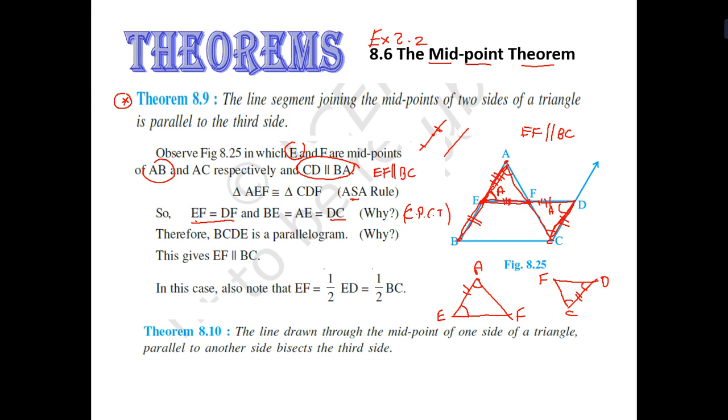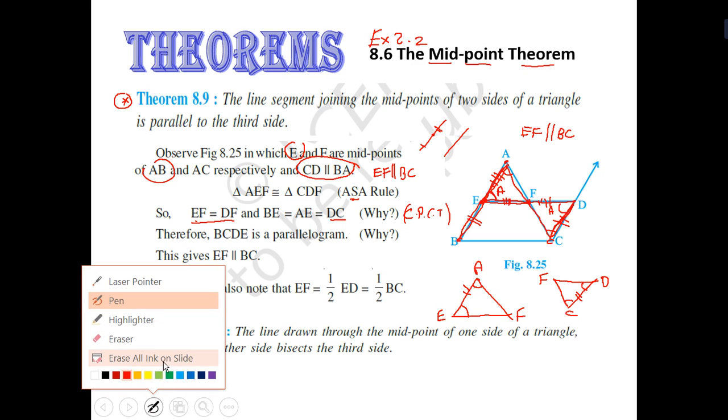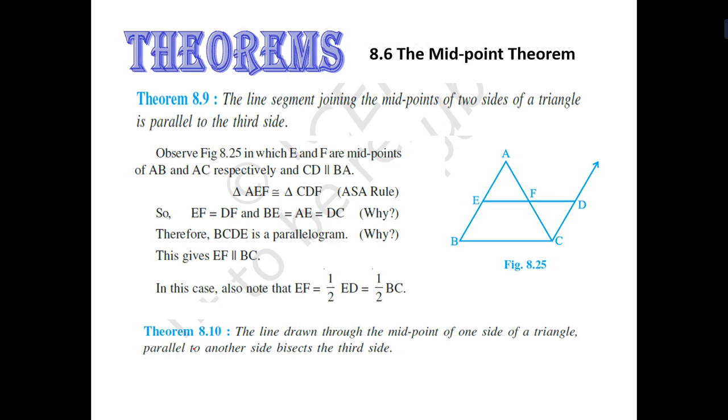So AE, BE, here it is CD. So E is a midpoint, so these two are equal. And already we proved that the two triangles are congruent, so BE is equal to CD also.